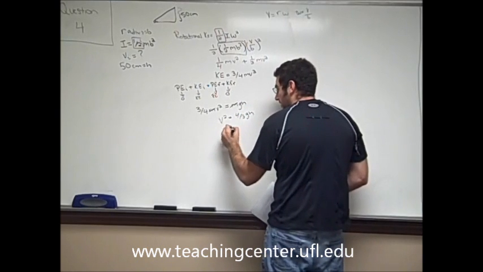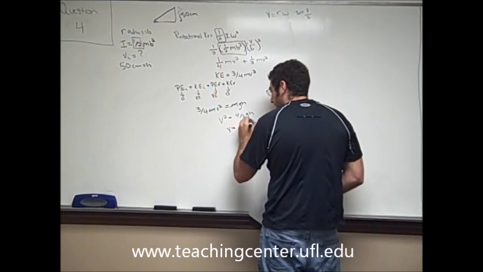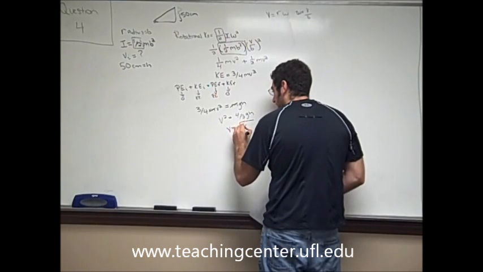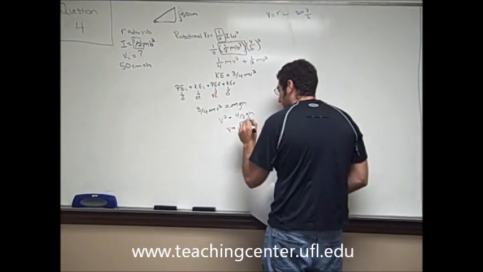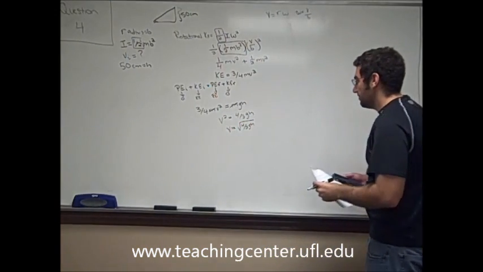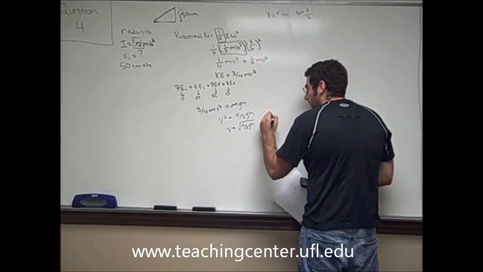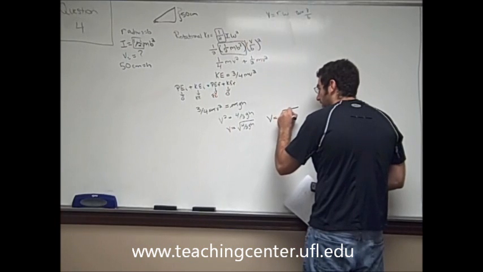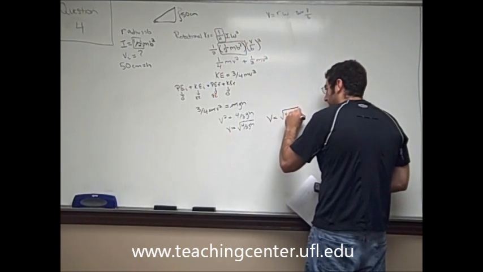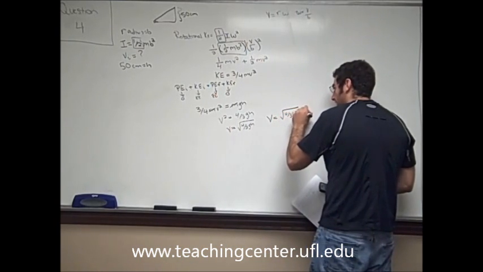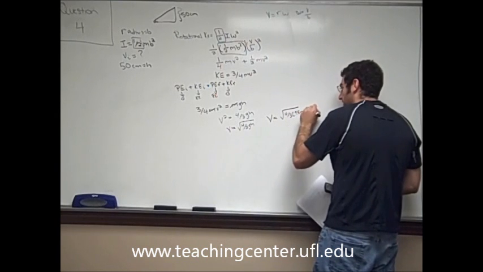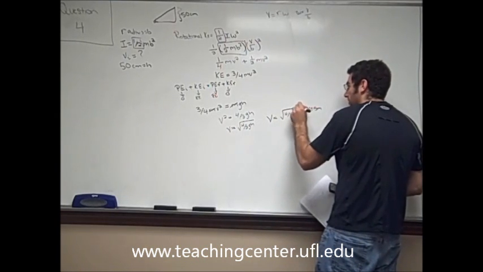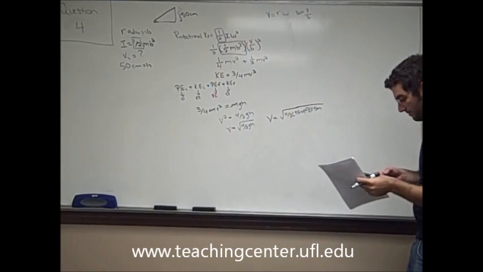To solve for v, we take the square root of 4/3 times 9.8 meters per second squared times 0.5 meters, because that's 50 centimeters.